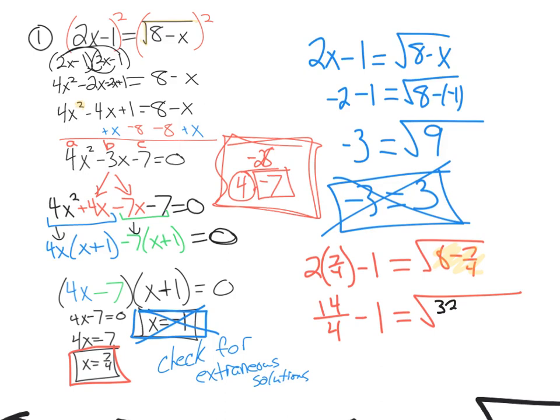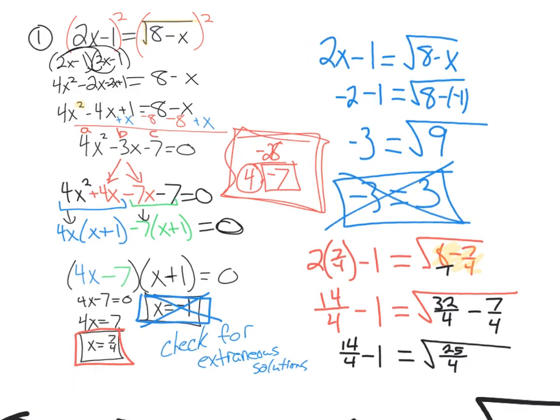So I would get 32/4 minus 7/4. So what I did was I just put the 8/1 multiplied by 4 on the bottom and the top to get my new fraction. So what I have is 14/4 minus 1 equaling the square root of, let's see, 32 minus 7 is going to be 25/4.